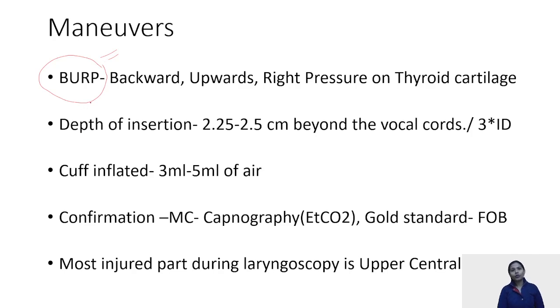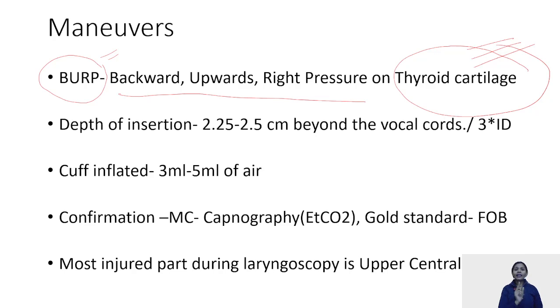The assistant gives a force, that is a backward, upward and rightward pressure, on the thyroid cartilage. I repeat, the pressure is backwards, upwards and rightward, given on the thyroid cartilage. This is very different from your Sellick maneuver or your rapid sequence intubation, where the pressure is given on the cricoid cartilage. The BURP is given on the thyroid cartilage.